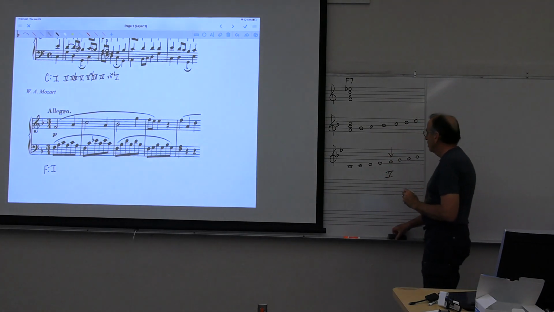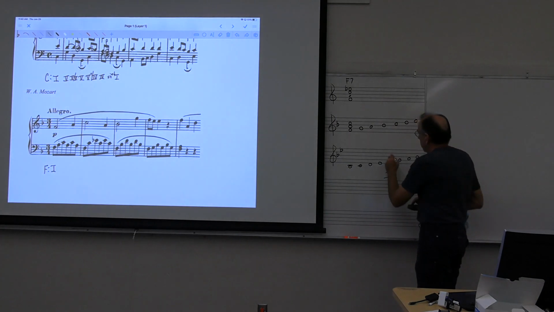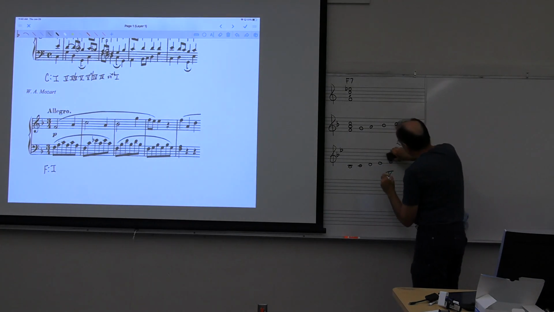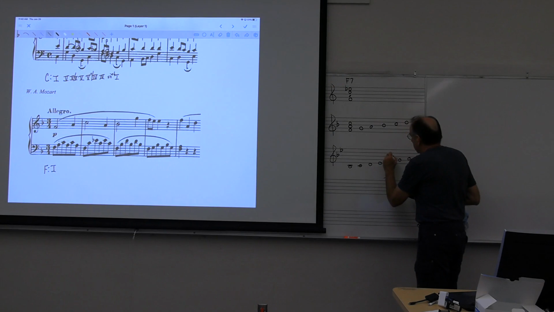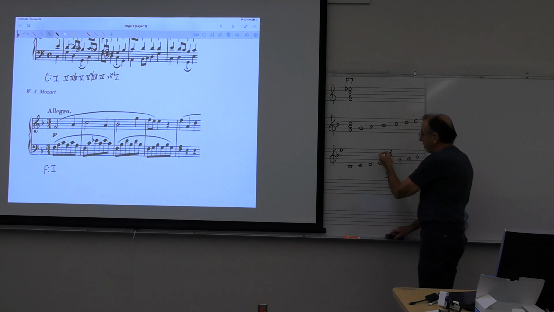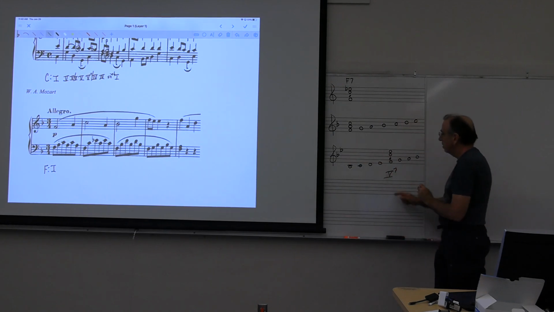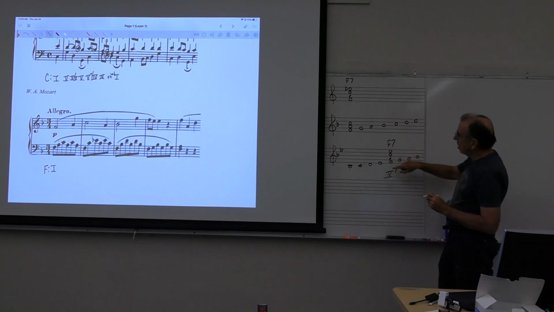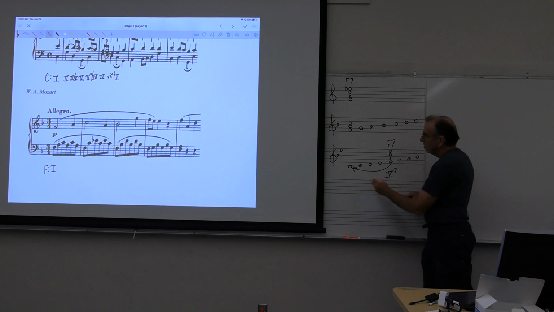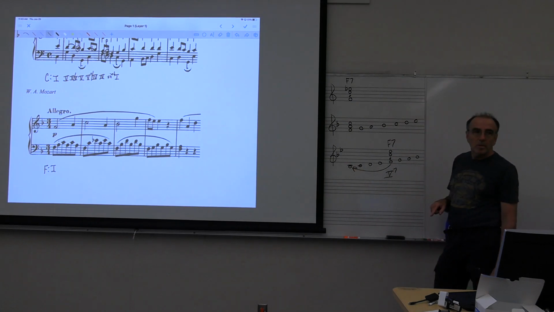If we build F, A, C, and E flat from the key signature, that is an F7. So that chord is the dominant of B flat.